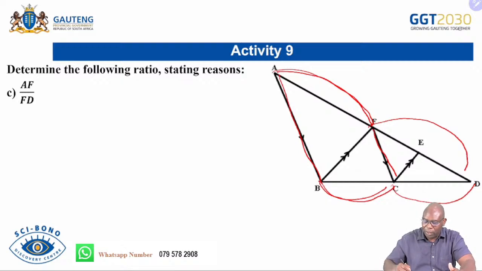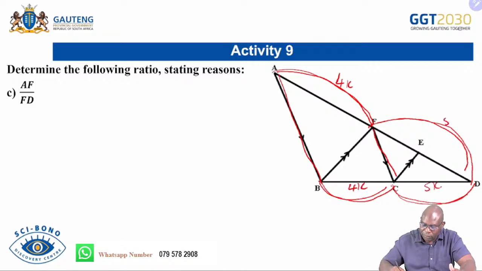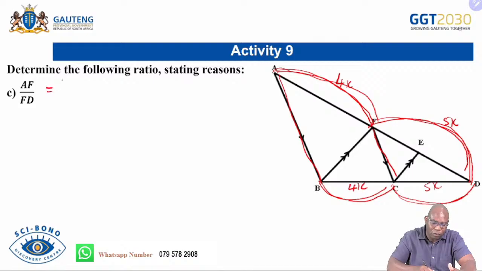So my AF will be the same as BC, which we know is already 4K. But we need that over FD, you see. So our FD will be the same as that, so it's also going to be 5K. So our AF over FD will still be 4 over 5.